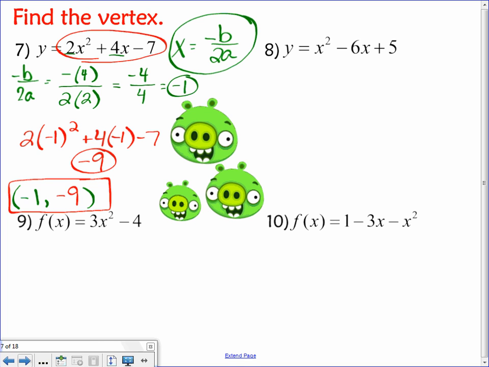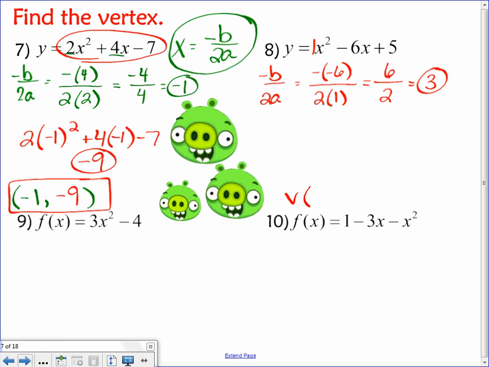All right, number 8. Same idea. We have to start with negative b over 2a. So negative, my b value is negative 6, over 2 times my a value, which in this case is 1. Again, clean up the top: negative negative 6 is positive 6. Clean up the bottom, gives me a 2. And 6 divided by 2 is 3.